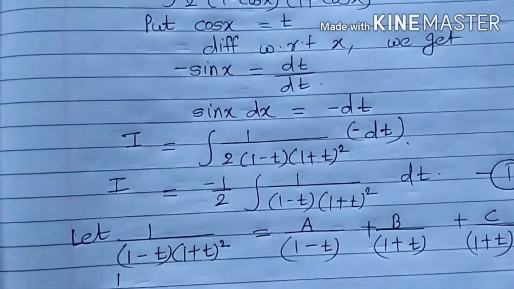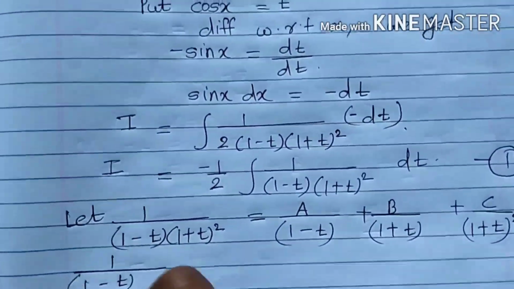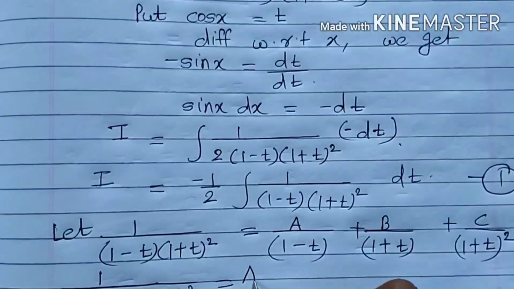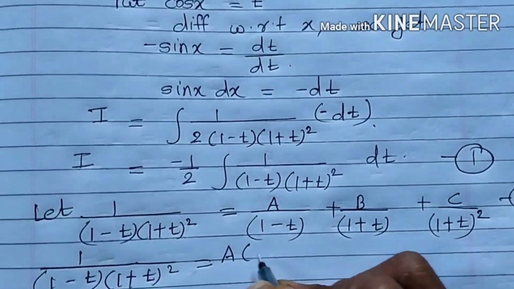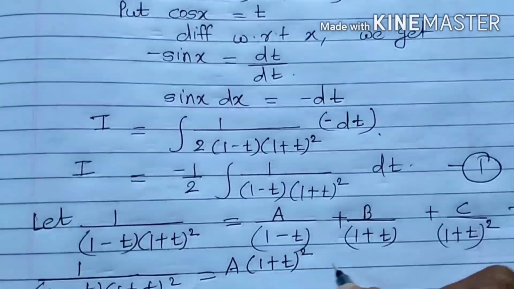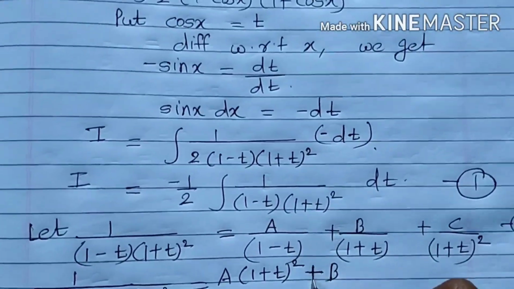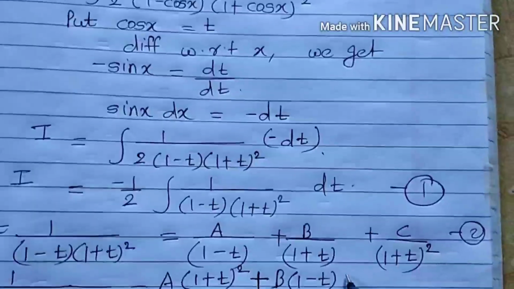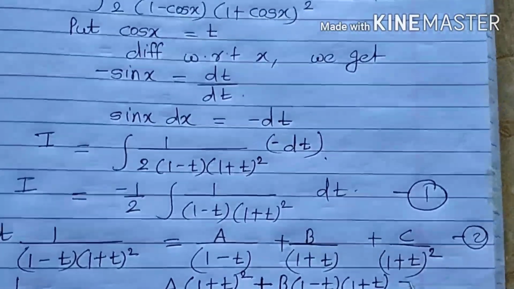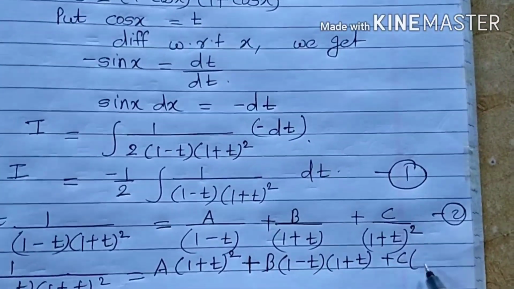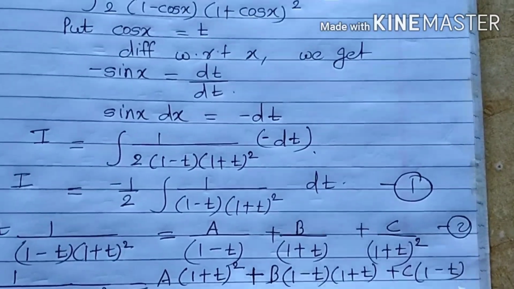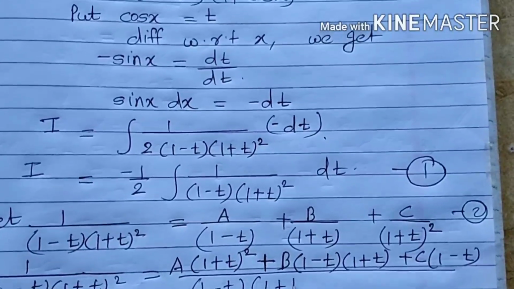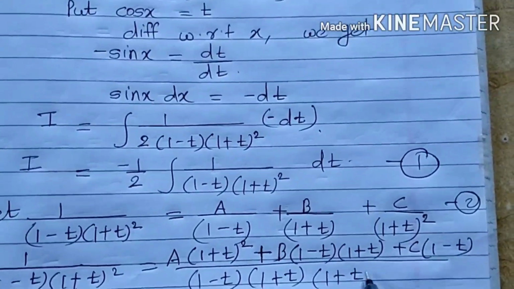Now it is equation second. Therefore 1 upon (1 minus t)(1 plus t) square is equal to a into (1 plus t) square plus b into (1 minus t)(1 plus t) and c into (1 minus t) upon (1 minus t)(1 plus t) square.